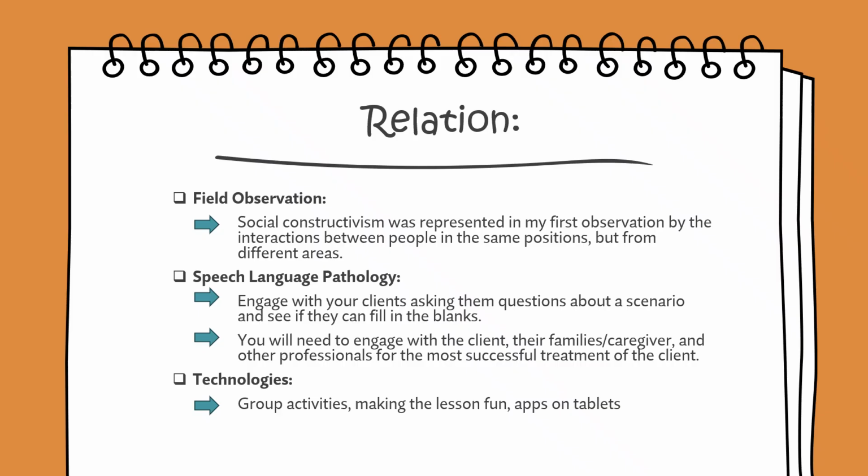My first field experience was going to a spring leadership meeting, and there were different tables with people from the same positions but from different areas, different stores, or different locations, and they were able to collaborate with each other, share their ideas and experiences, and come up with solutions to some of the problems and activities that they had that day.